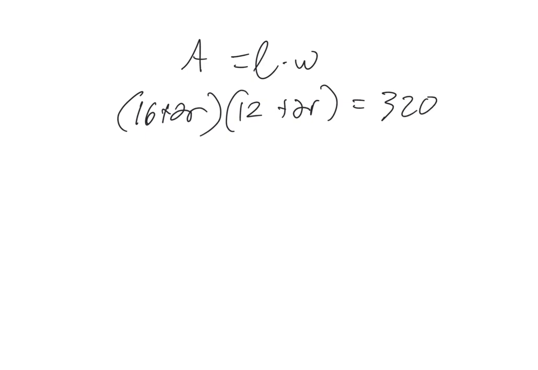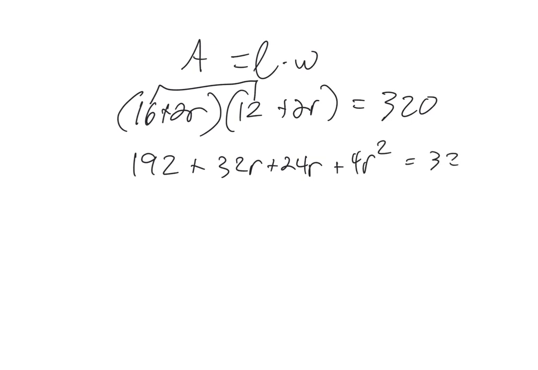To solve, I'm going to FOIL. So this would be 16 times 12, 192. That's the first, right, 16 times 12. And then I'll have plus 32R plus 24R plus 4R squared, 2R times 2R, is equal to 320.